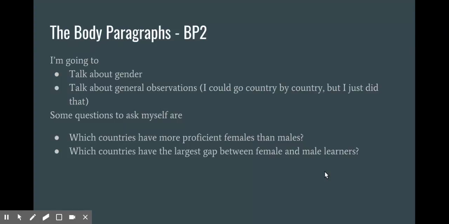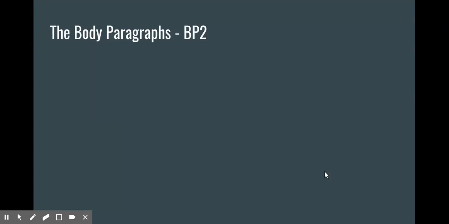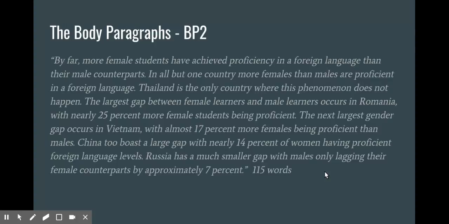So in some countries, there's a lot more females that are proficient than there are males. So which countries are those? And like I said, these are the non-data observations. So non-data observations are the observations that don't talk about the numbers. I'm going to show you my body paragraph 2, and then we're going to go over those non-data observations in detail. So body paragraph 2.